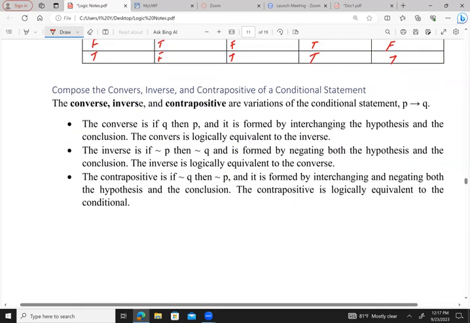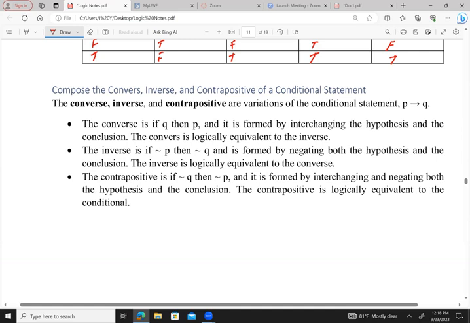So let's look at the converse, inverse, and contrapositive of a conditional statement. We start with the simple conditional statement, if P then Q. The converse is if Q then P, and it's simply formed by interchanging the hypothesis and the conclusion. And it is logically equivalent to the inverse.